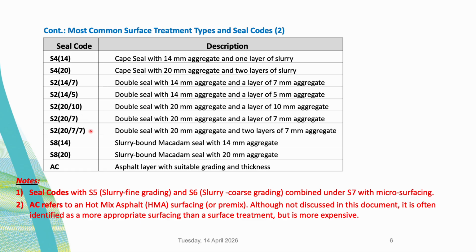Then we've got what we call a triple seal, or a double seal with two extra layers of 7 millimeters.